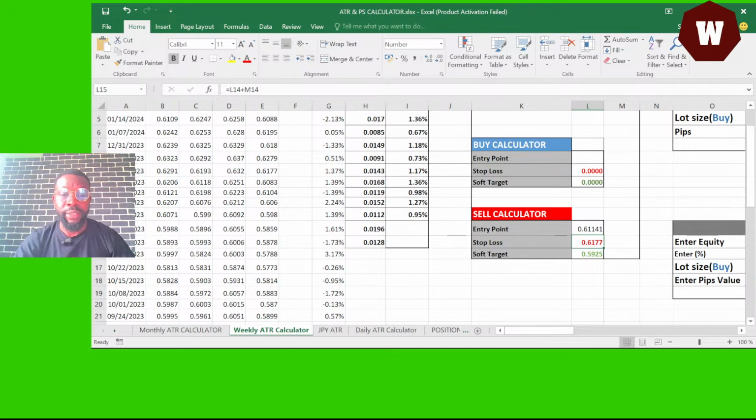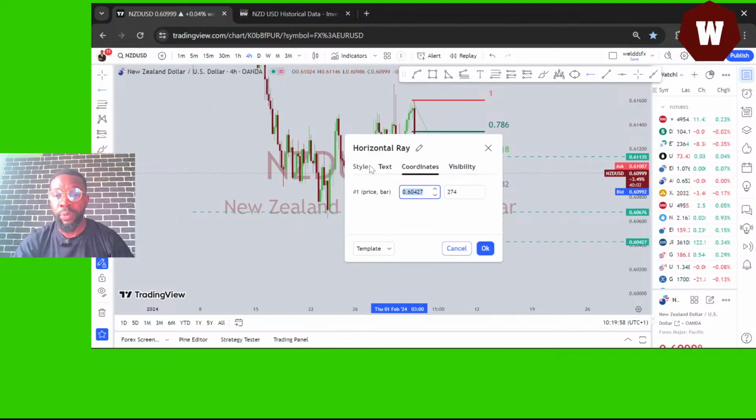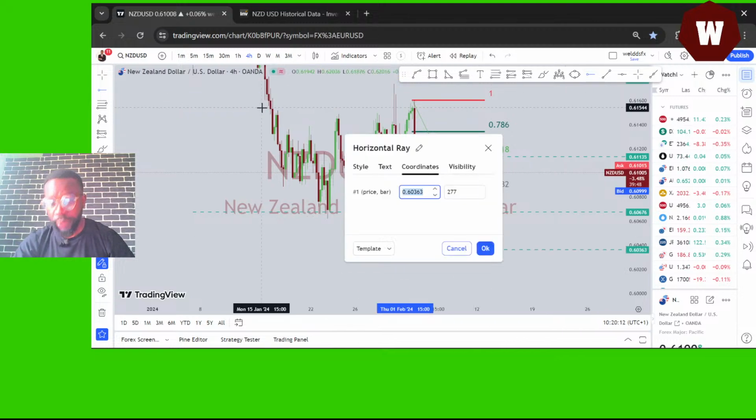Okay, so let's go back. So stop loss by this time is 0.6177. Then take profit is at 0.5925.